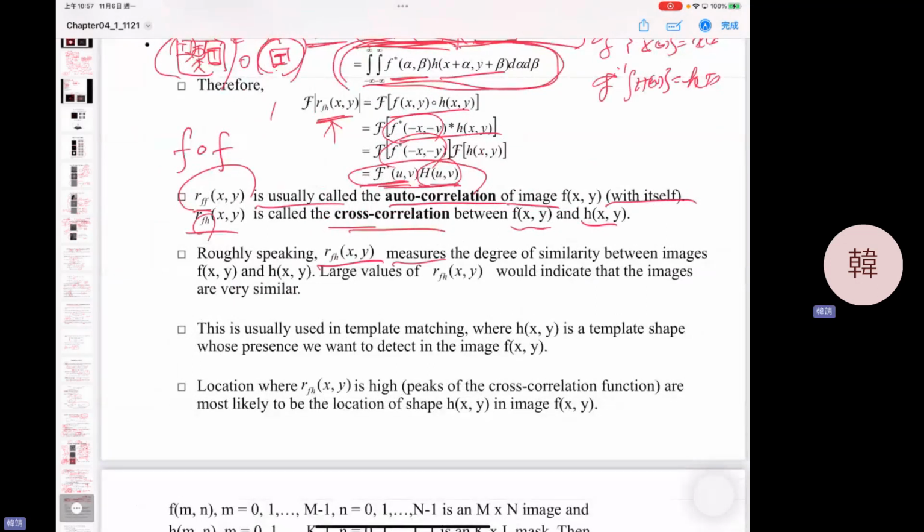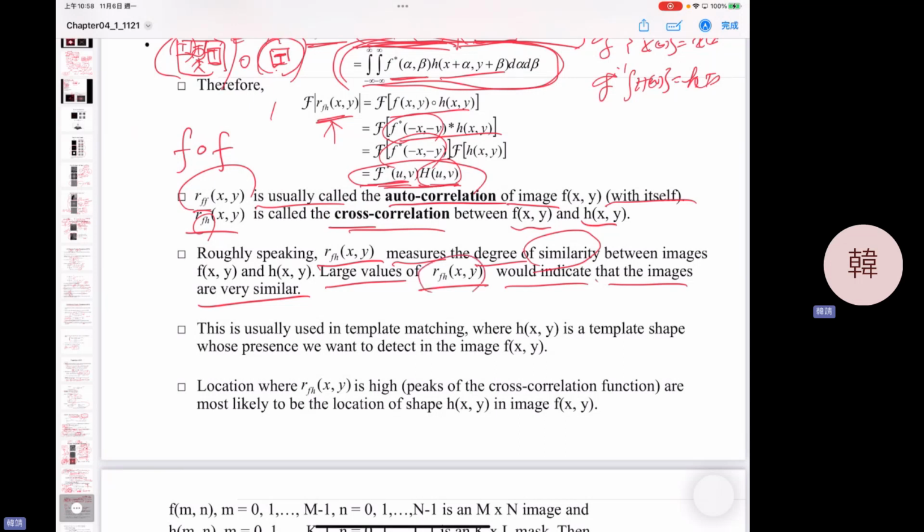Roughly speaking, FH cross correlation measures the degree of similarity, so it is a different application from convolution. A large value would indicate that the images are very similar. So we can compare two different F and H: are they similar, or F and another H1, which one is more similar?